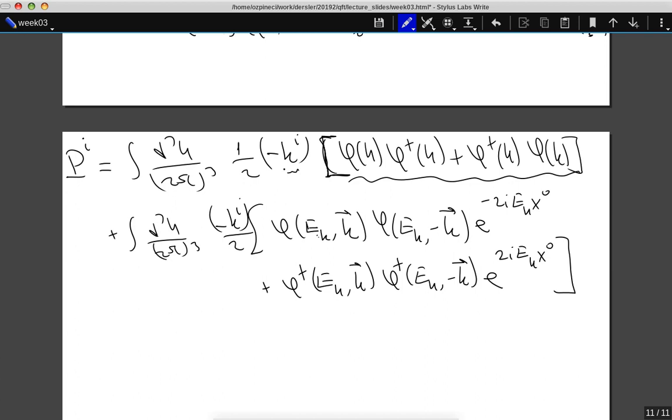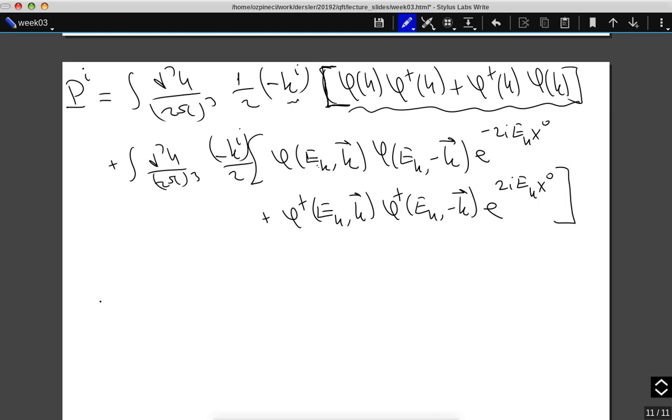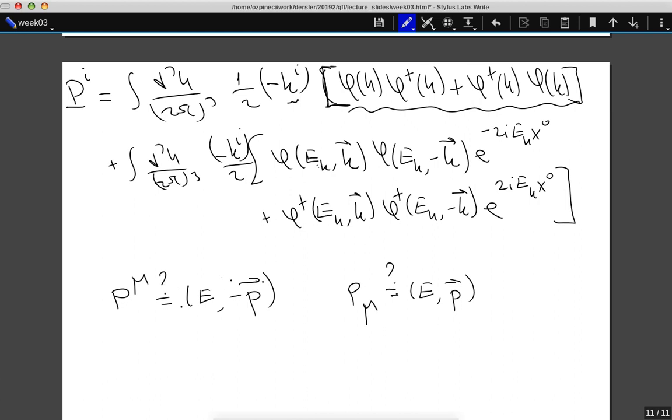Again, maybe up to a minus sign. But those minus signs will be essentially, you see, p mu with the upper index. This is actually e minus p. And p mu with the lower index, it should be EP. Again, let me put a question mark. So that minus sign is probably whether it's a lower index or an upper index thing.